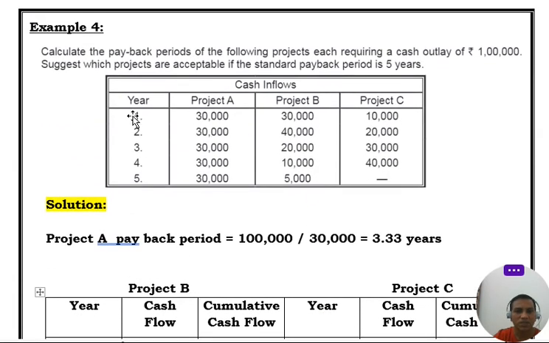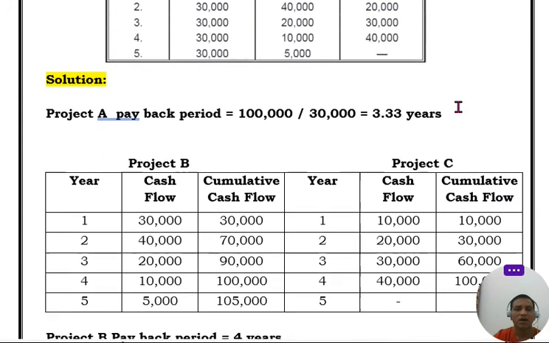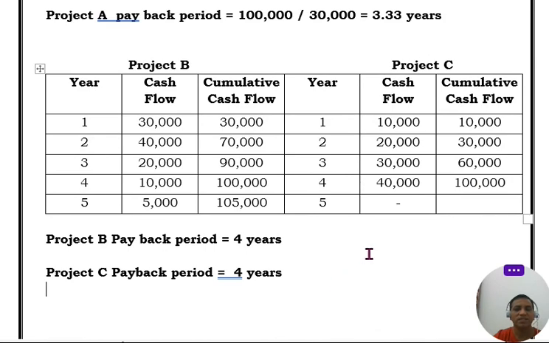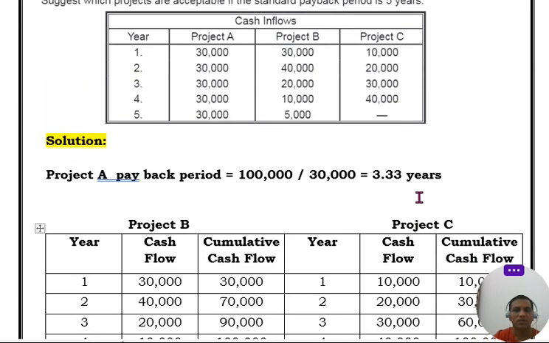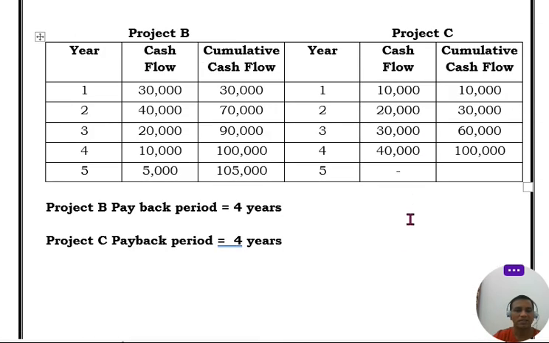Here he asked in the question, which projects are acceptable if the standard payback period is 5 years? All three are less than the standard payback period, so all three are acceptable.